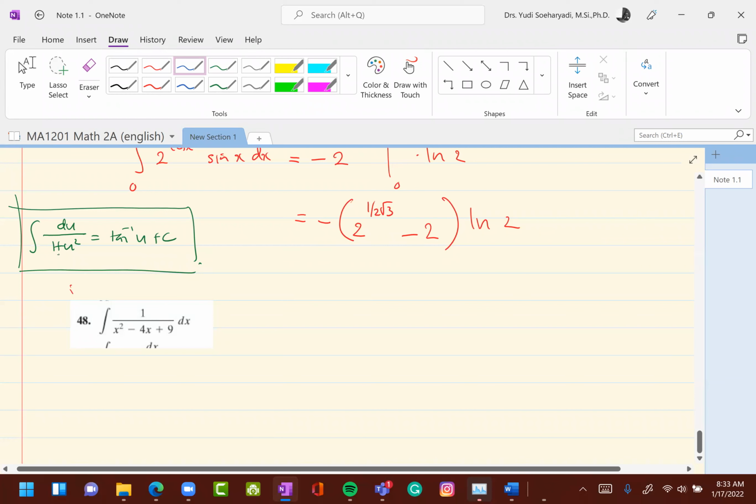All right. So in this case, let's choose this one, and it is completing the square.